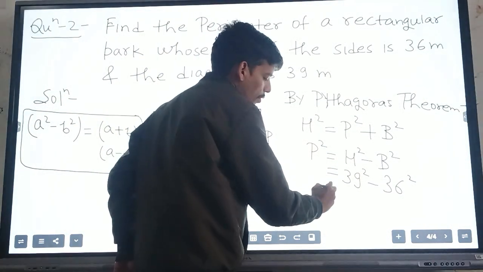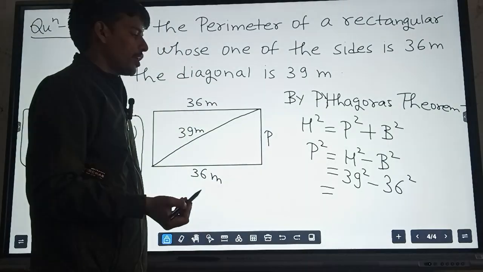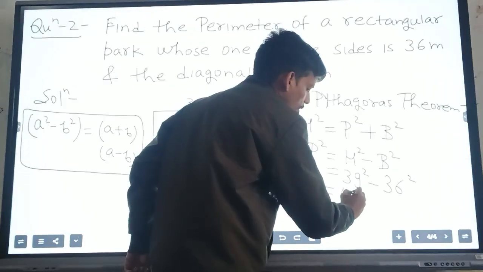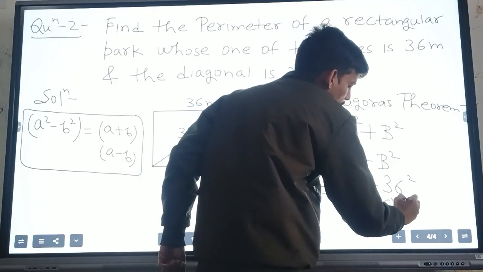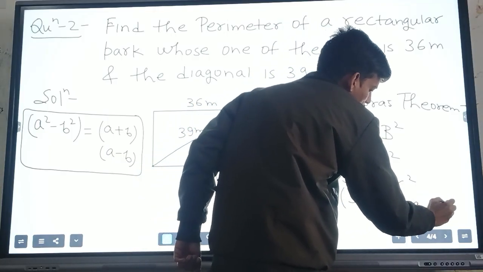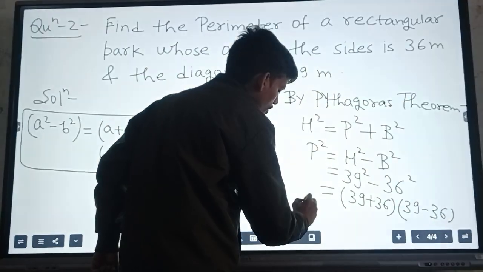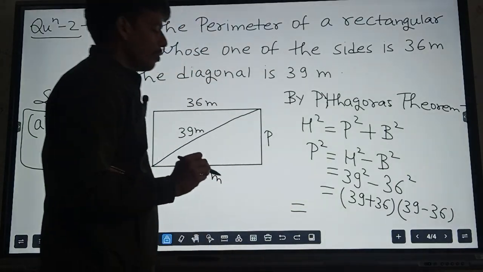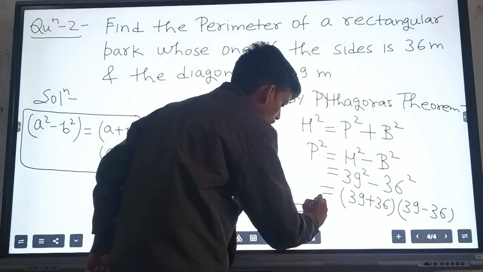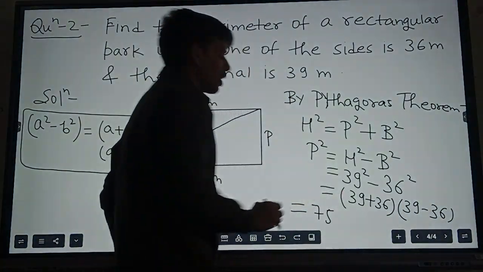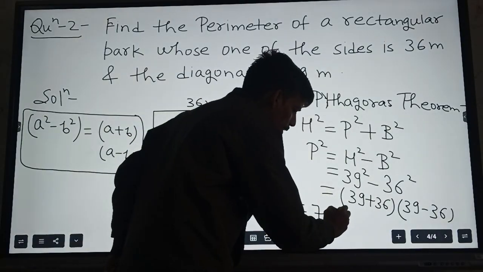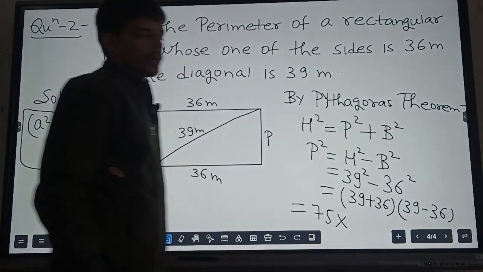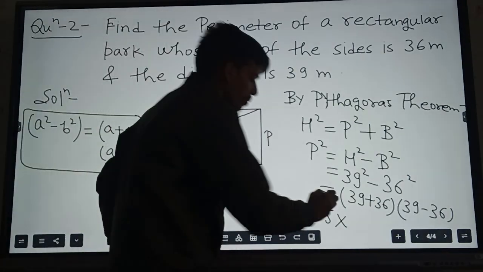So here we will apply the identity. 39 plus 36 and 39 minus 36. 39 plus 36 equal to 75, into 39 minus 36 equal to 3.